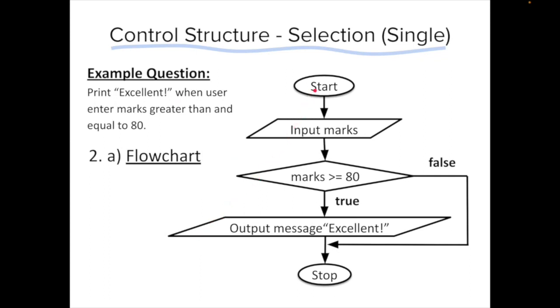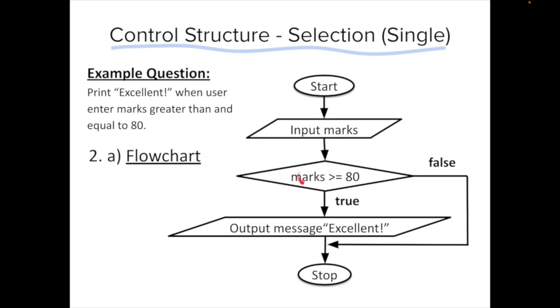Ingat, daripada awal flowchart mulakan dengan start and stop. So after start, since we have our input here, so we need to use this symbol input with the label input and then marks. And after input, kita akan masuk proses kita. Tapi kali ni, kita tak pakai bentuk rectangle lagi kan? Kita pakai terus diamond.